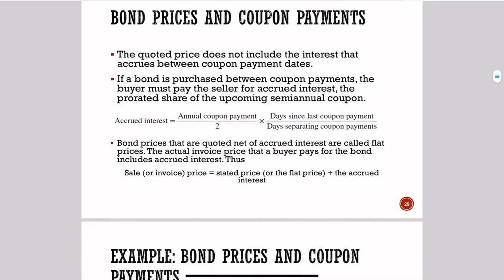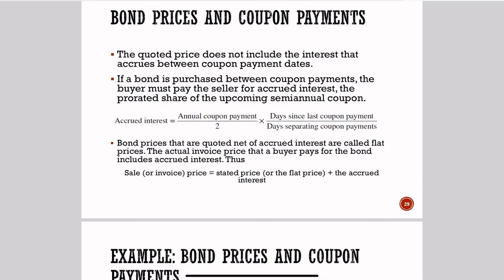So a convention in the bond market is the quoted bond price does not include interest. This is important in actual transaction because you can imagine that coupon payments are just made semi-annually.